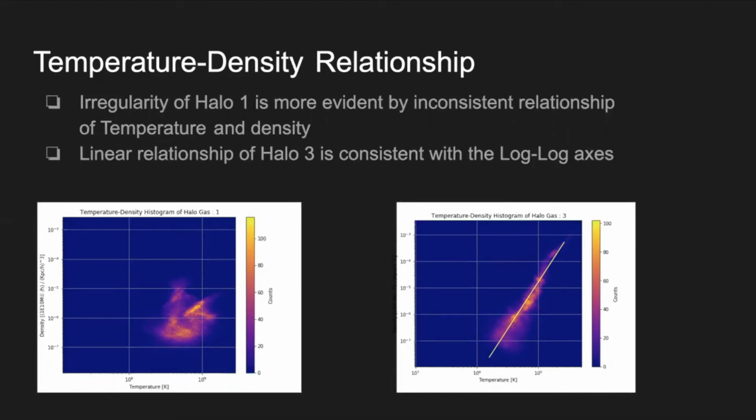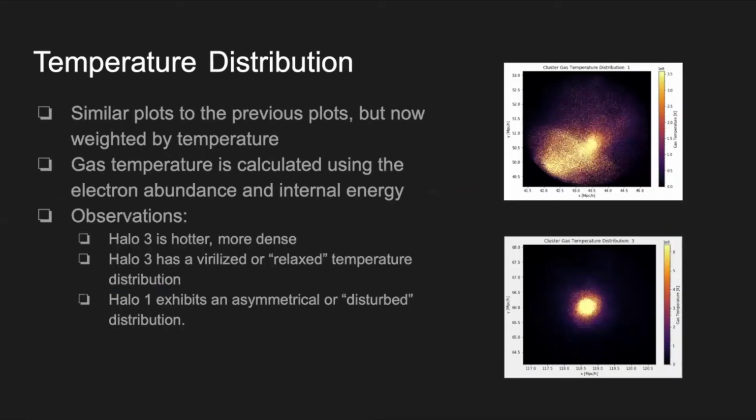It's worth noting that this is on a log axis, so this isn't truly linear in nature, but it does speak to the fact that there is definitely a relationship here, whereas there's not much to take away from this. And this is kind of intuitive when you look back at these plots. This seems to be a fair relationship of temperature as you move towards the outside of the cluster.